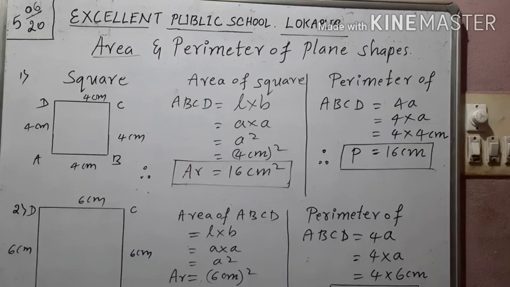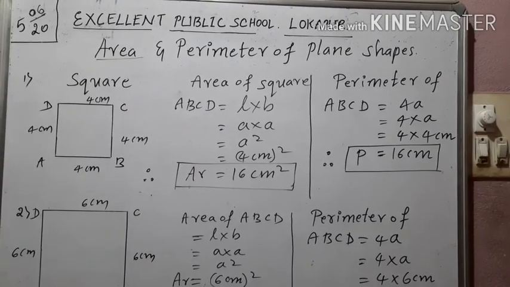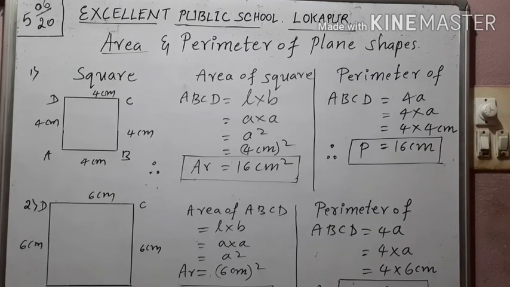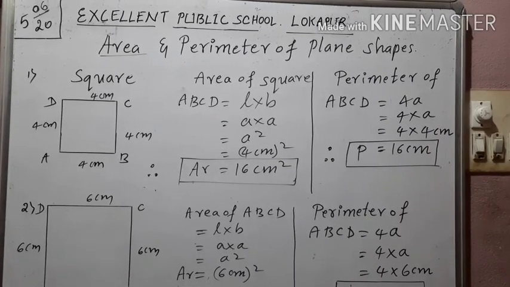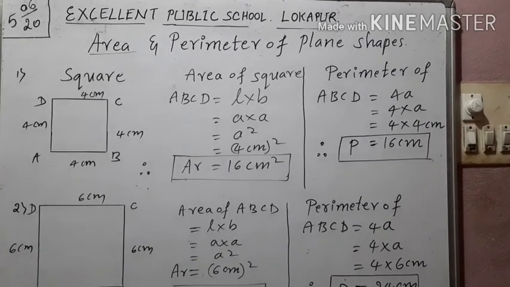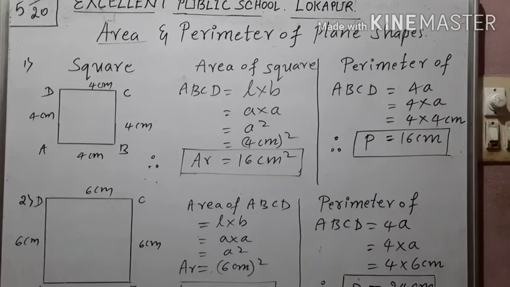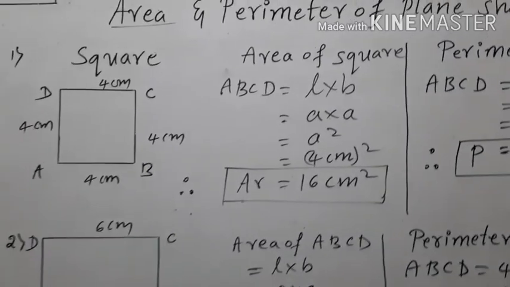But in this session, we will learn the area and perimeter of the same shape simultaneously, means together, right? Let us start with the square.